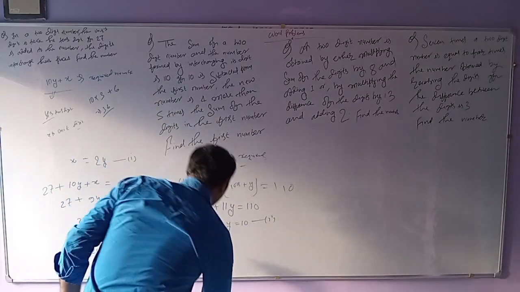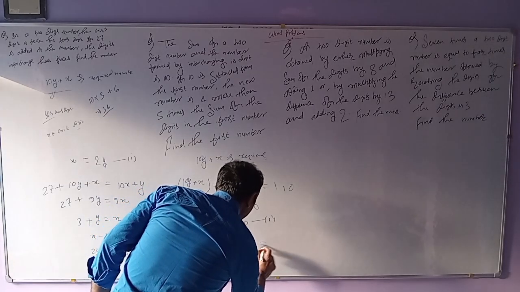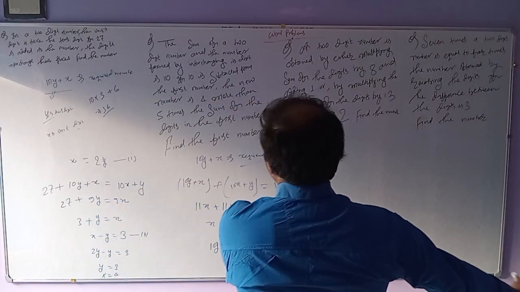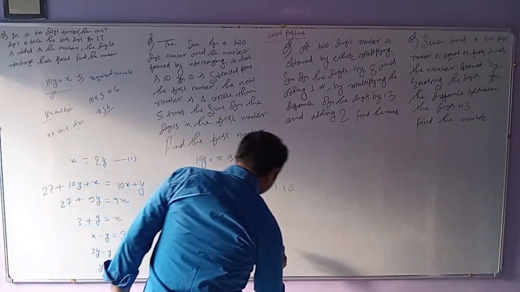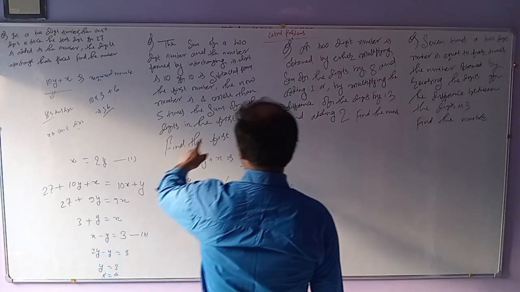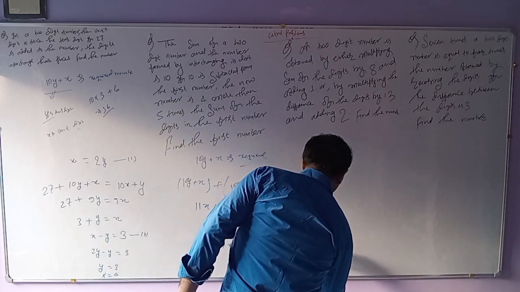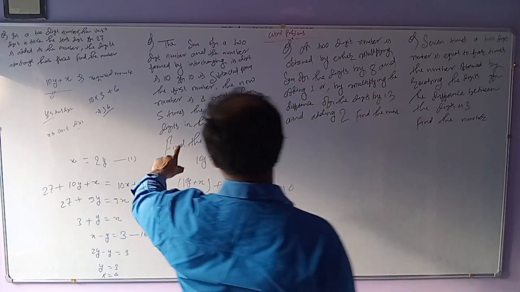If 10y plus x minus 10, if we subtract 10 from the first number, we get 4 more than 5 times the sum of the digits in the first number.